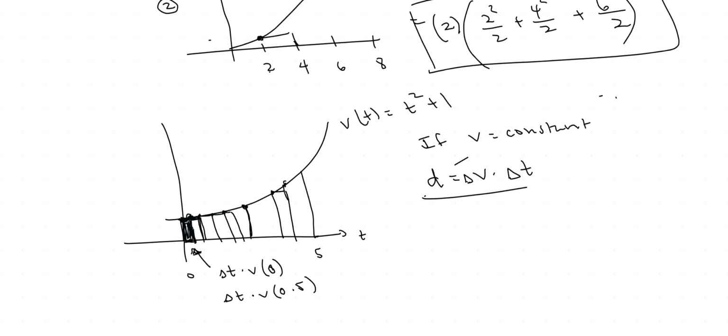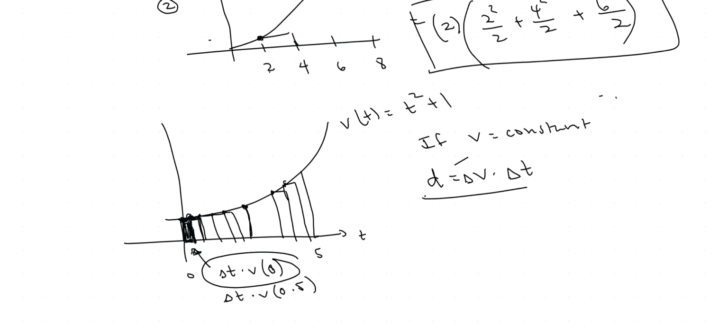So what we can do is take smaller rectangles, smaller intervals, which will get us even closer to the exact area or the exact distance traveled, which is the same thing. Because doing this formula on each little interval is the same as finding the area of that rectangle.